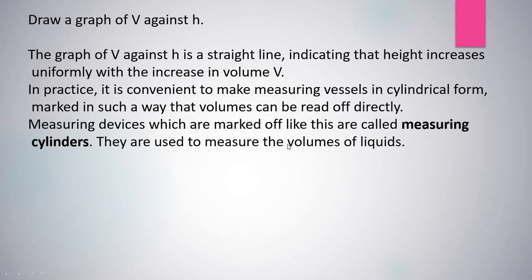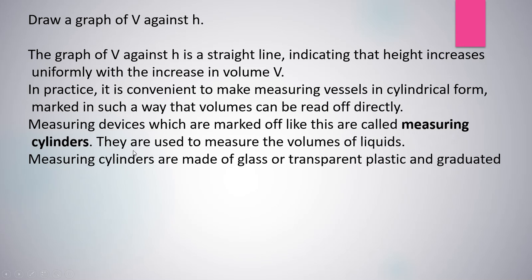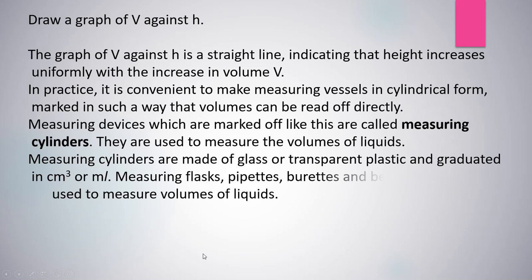They are used to measure the volume of liquids. Measuring cylinders are made of glass or transparent plastic and are graduated, which simply means they are marked in cubic centimeters or in milliliters.